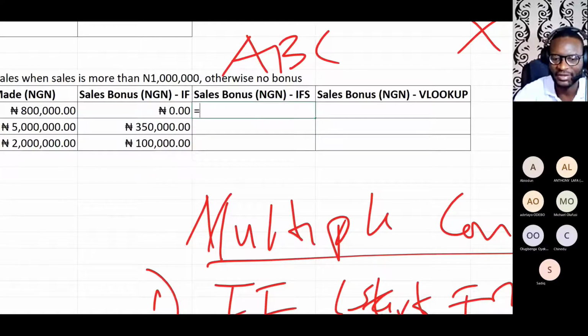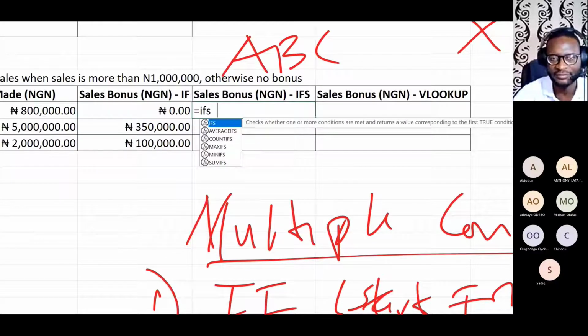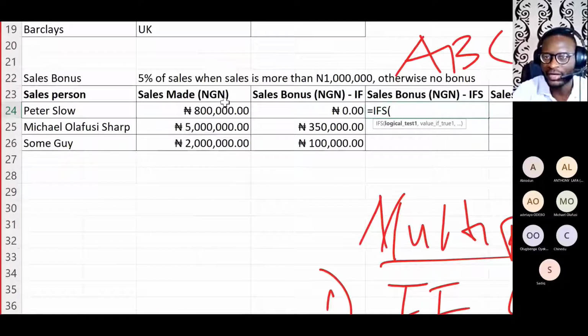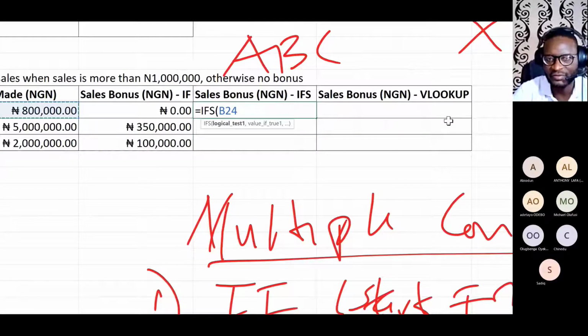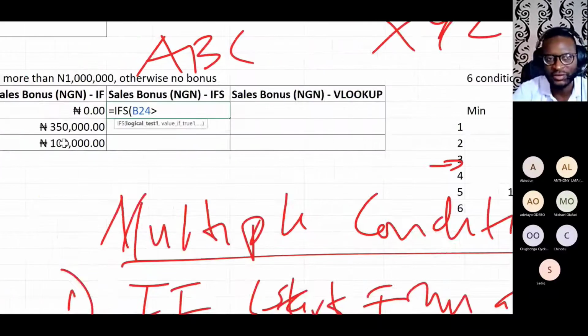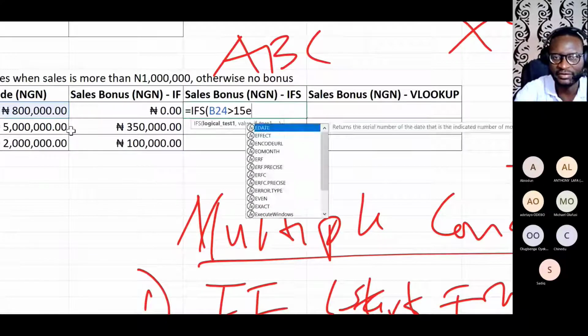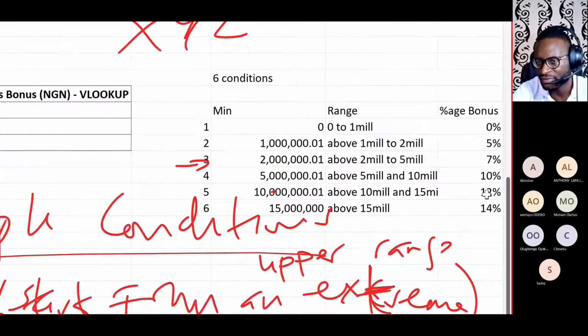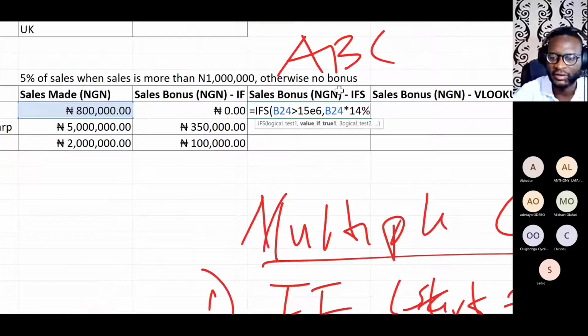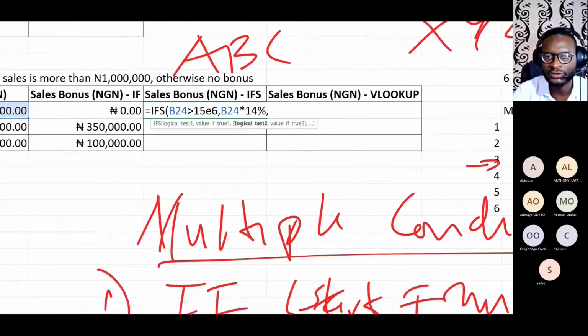So let's do this one. If I'm using this approach, ifs, similar, condition 1. I start from an extreme too. If this is greater than 15 million, what should happen? Take what you have done, multiply it by 14%. Let me just memorize 14, 12, 10, 7, 5. Then condition 2.